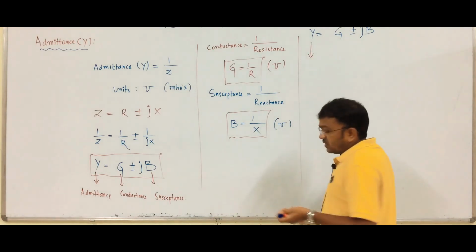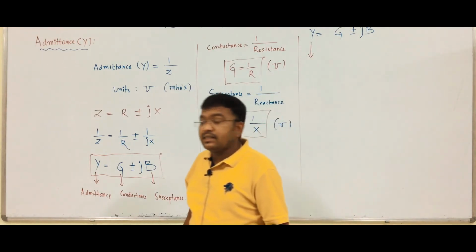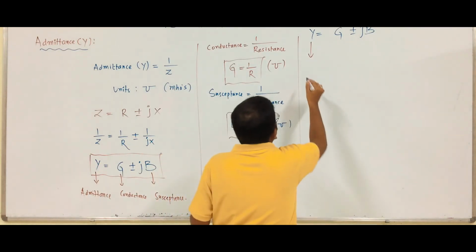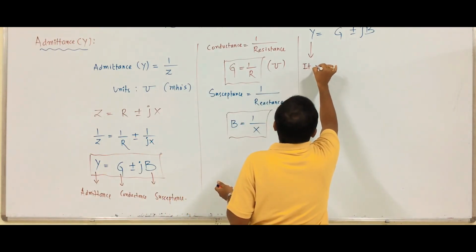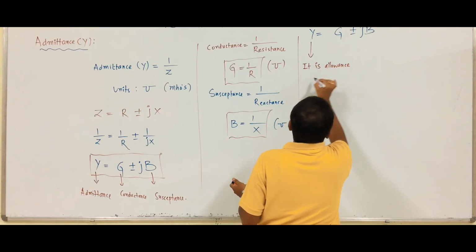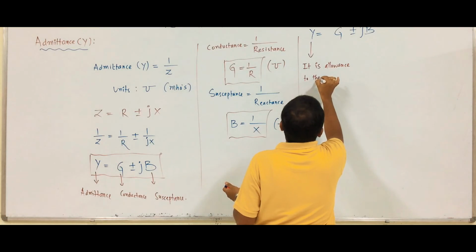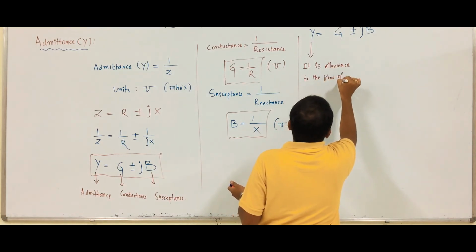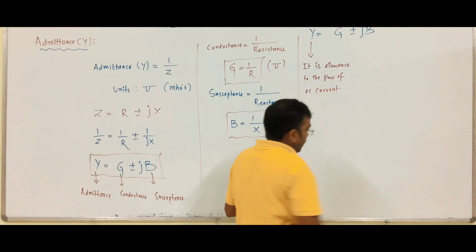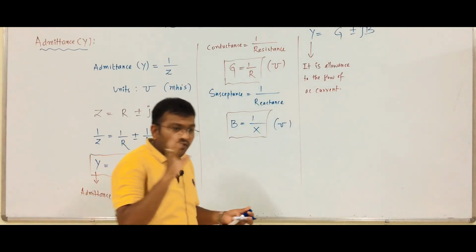Then, what is the definition of impedance? It is the opposition to the flow of AC current.